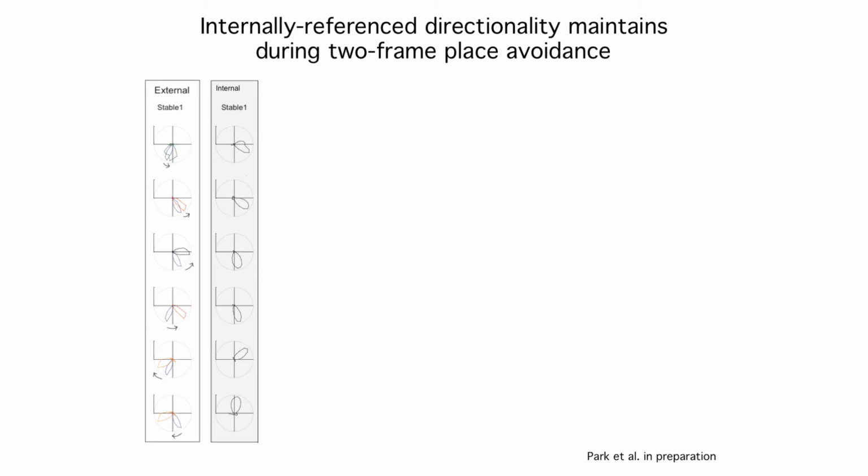And when you do that, you can actually get a very nice directional signal. Here it is. This is the directional tuning from the external point of view, and here's the directional tuning from this internally registered or internally organized reference frame, if you will.